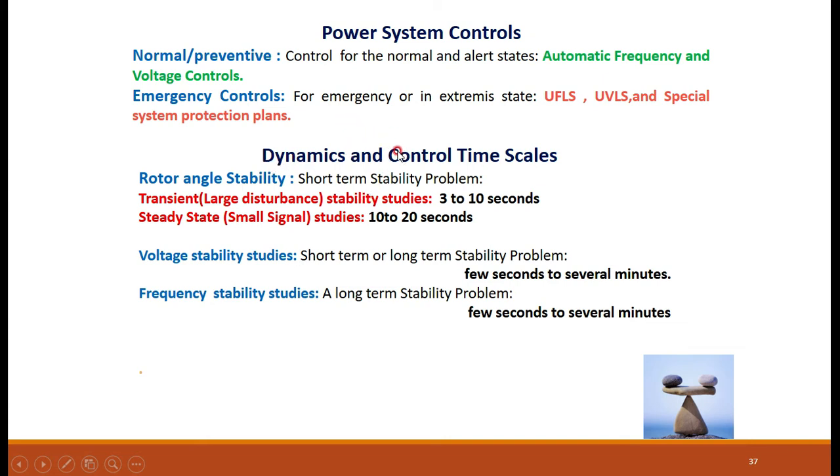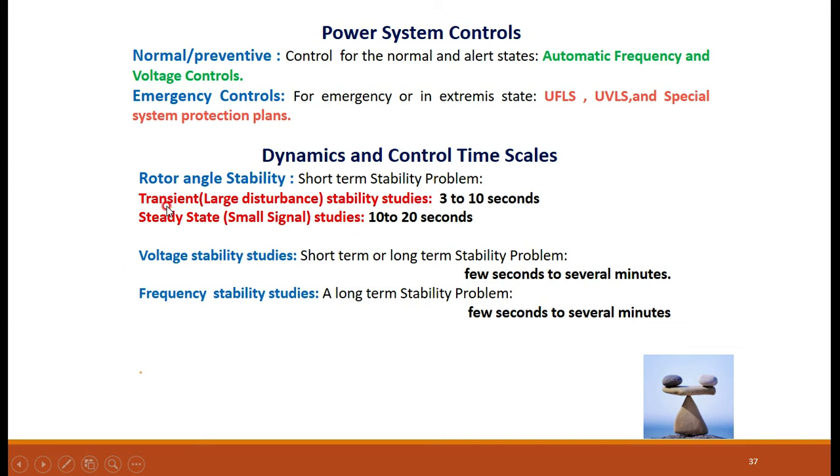In the case of the dynamic and control time scales, what is of interest in studies is the time scale. Rotor angle stability is a short-term stability problem, concerned with the generator side.